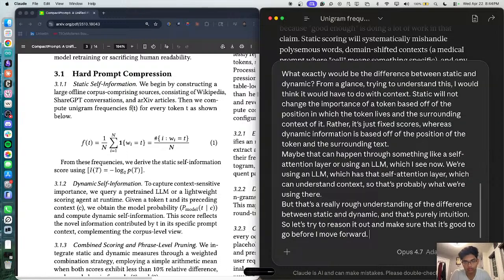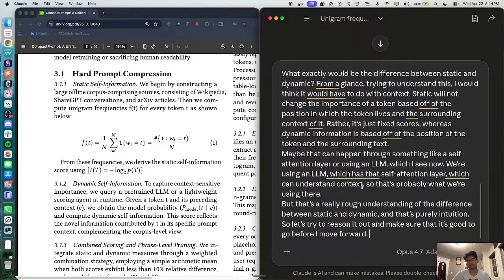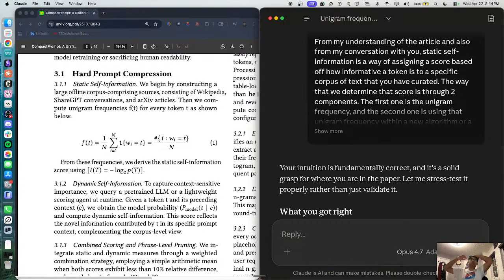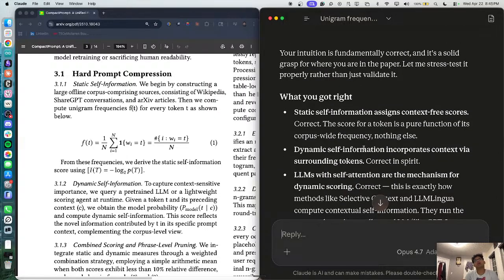Please work. Let's go. Okay, awesome. That's a lot. I would not type that out, if I'm being honest with you. Okay, awesome. So, pretty much is right, I think, but there might be some rough edges, which I would assume. Okay, so what you got right. Static self-information assigns context-free scores.